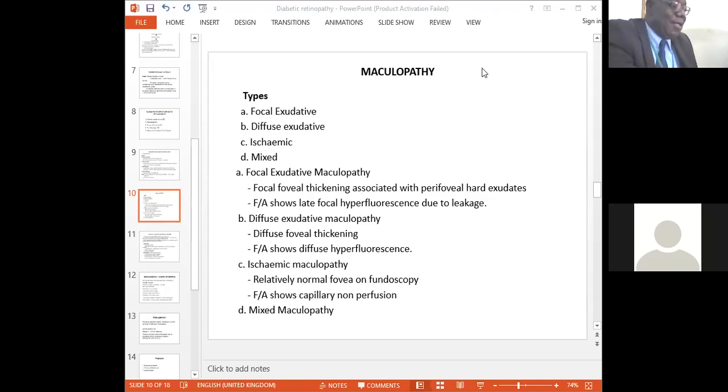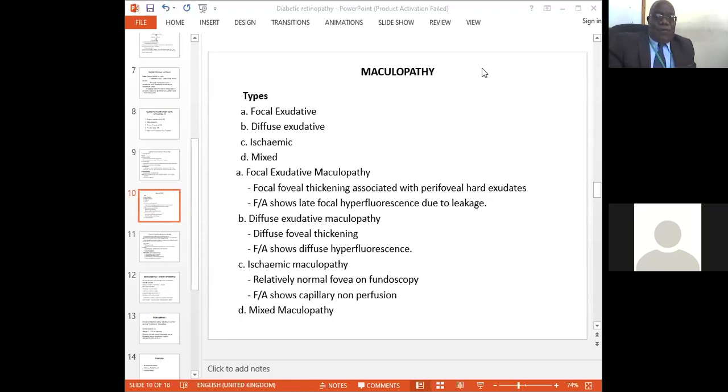Although that's the critical center where you are supposed to have tip-top vision. But once the fluid goes there, and this fluid is coming from the leakage, from the proliferative vessels, once that gets into the macular area, your vision goes down.